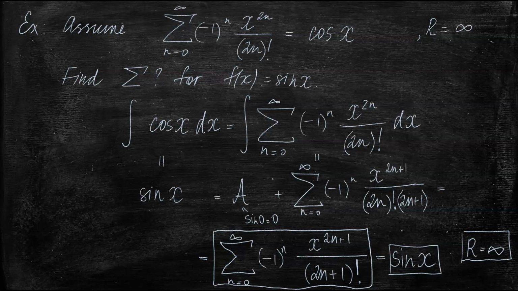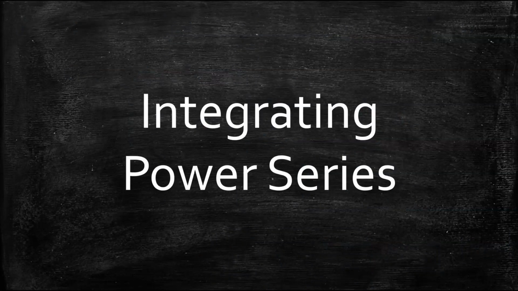We were able to identify this power series of sine in two different ways, one using term-by-term differentiation and one using term-by-term integration. So in this lesson, we learned how to integrate power series term by term, and by doing this, we can find power series of many other functions that we didn't know before.